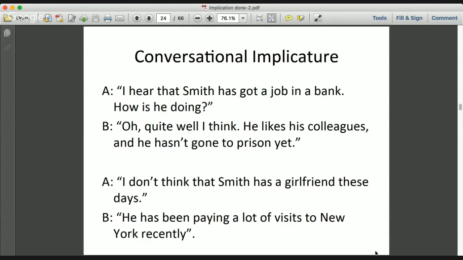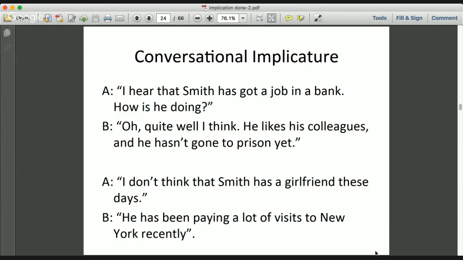Here's another example. A says, "I don't think that Smith has a girlfriend these days," and B says, "He has been paying a lot of visits to New York recently." Well, these are actually Grice's examples, so I would probably not have come up with these ones.